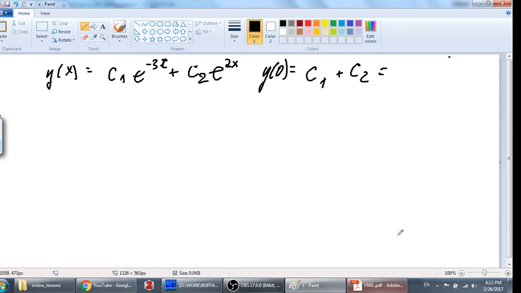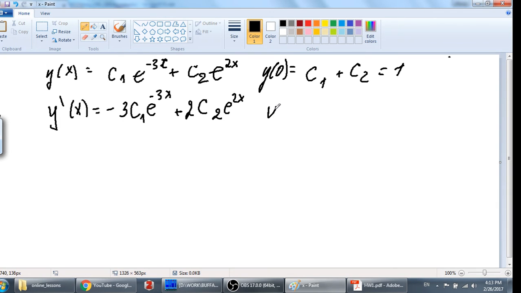If you look at y prime, which is the derivative of y with respect to x, that is minus 3 c1 e to the 3x plus 2 c2 e to the x, and then y prime at 0 will be minus 3 c1 plus 2 c2, which gives you 0.